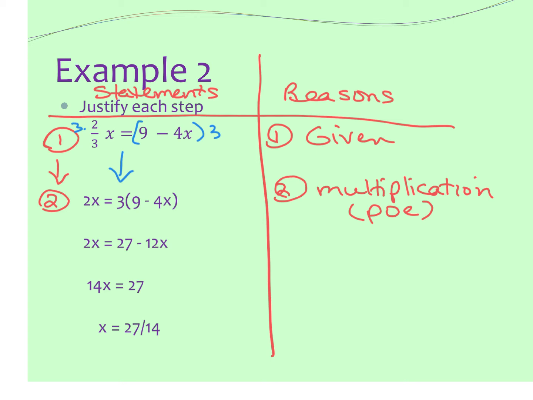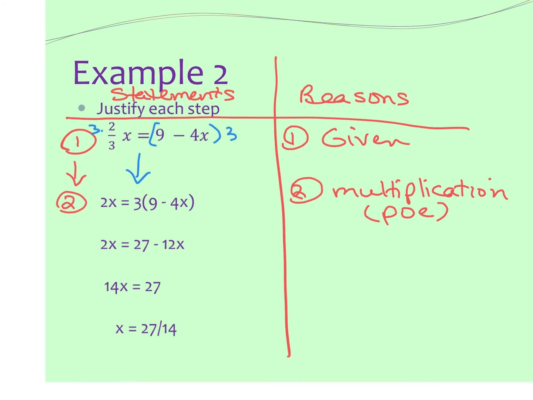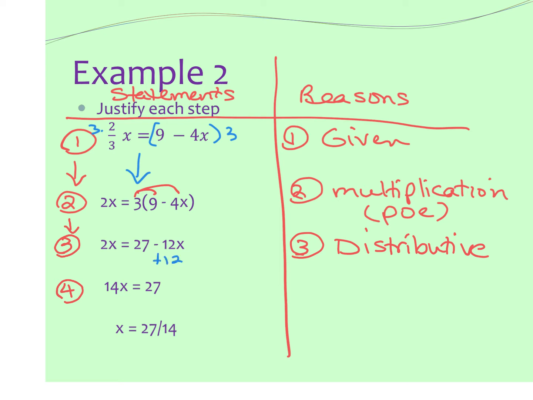Next, we have to look and see what they did to go from step 2 to step 3. And it looks like they distributed the 3. So that description or reason will be distributive property. And now from step 3 to step 4, it looks like they did the addition property of equality, because what they did was add 12 to both sides.